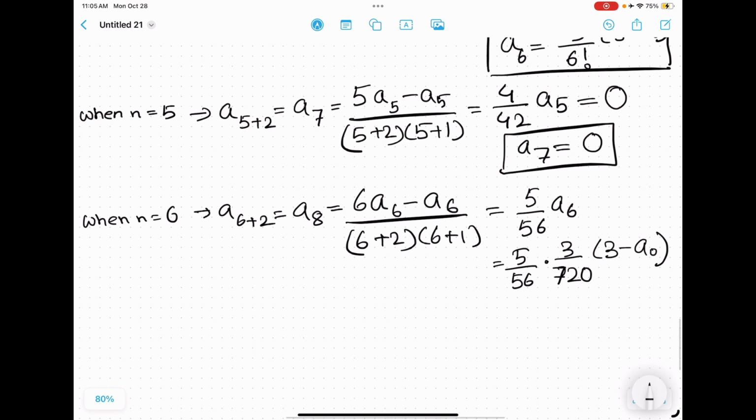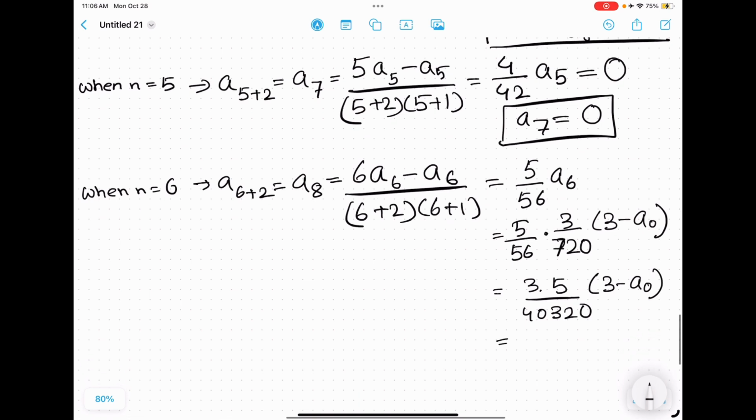And again, if I try to further simplify the denominator, I get 40320. And then I'm just going to keep my 3 times 5 as it is, just to see some sort of possibility. And I can see that this value is basically 8 factorial. Factorial, 3a sub 0. So now that is my a sub 8.